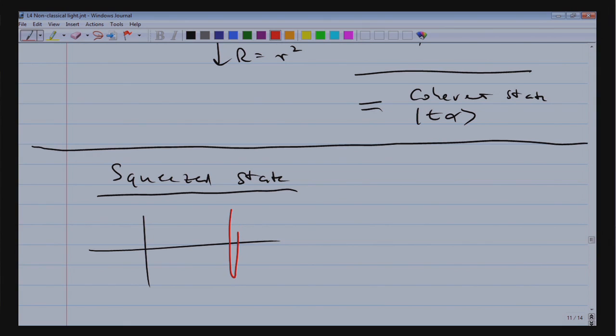Let's use some red color for the state. And now in the time evolution, we have some Rayleigh scattering, some fiber absorption. But you know already the absorption is in reality a beam splitter, which couples in the vacuum.